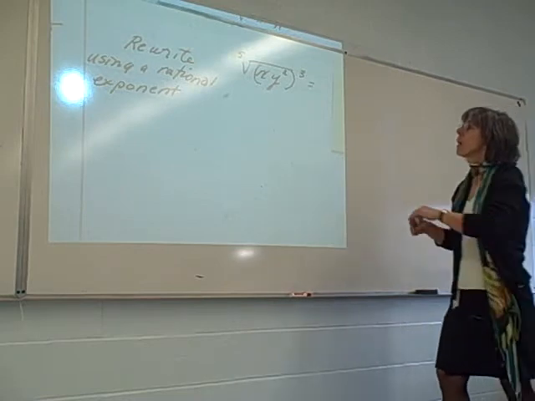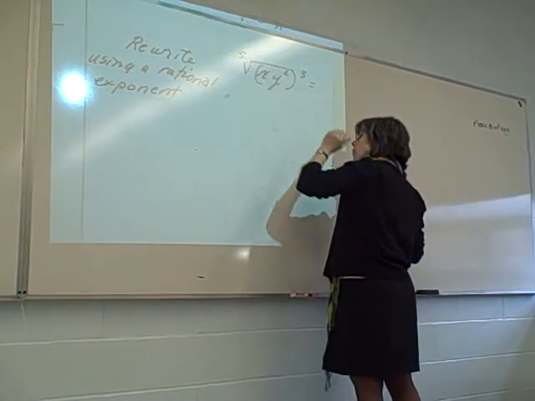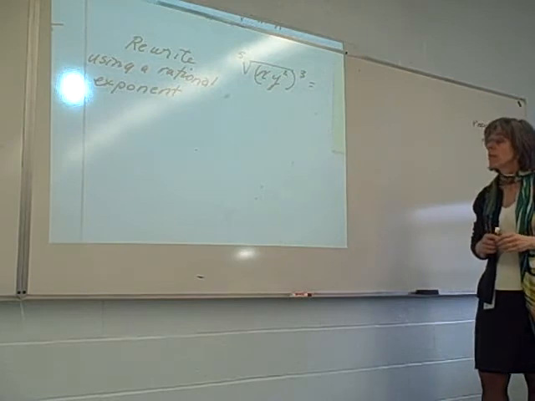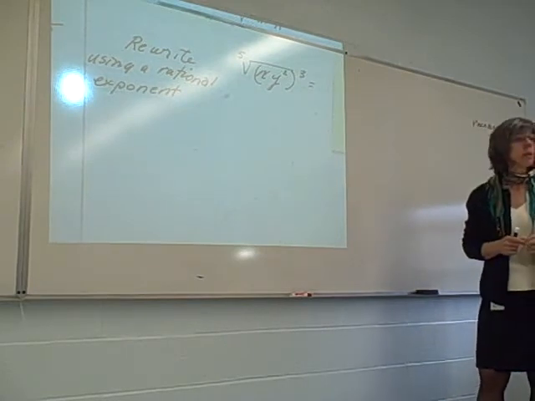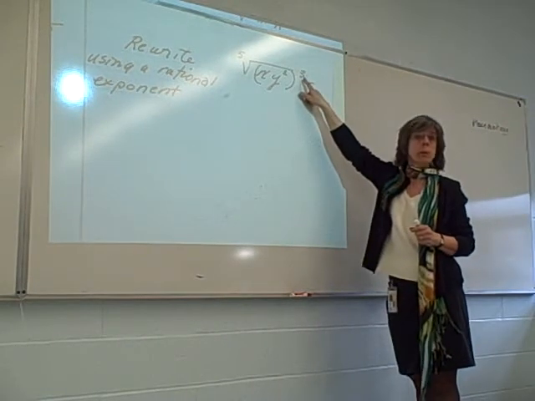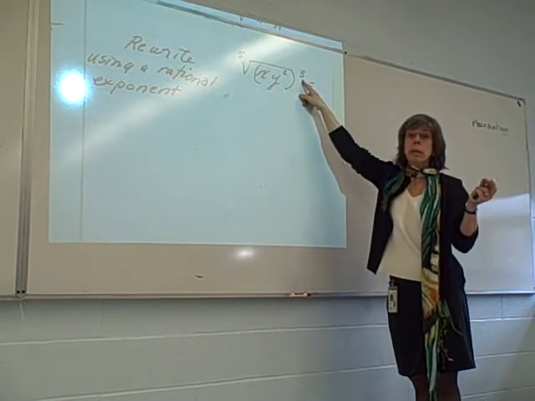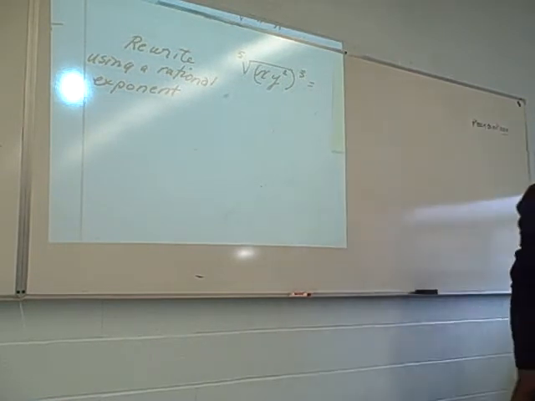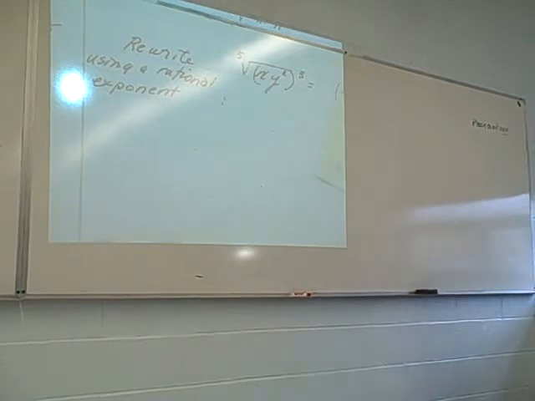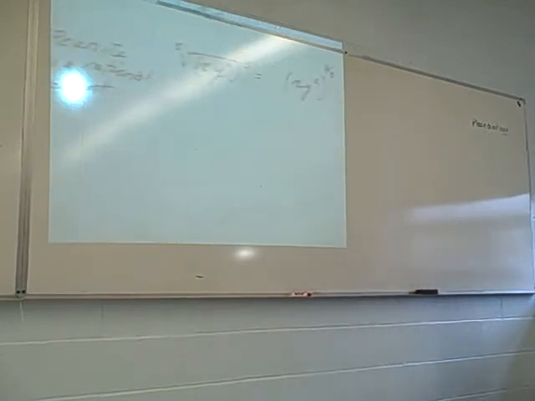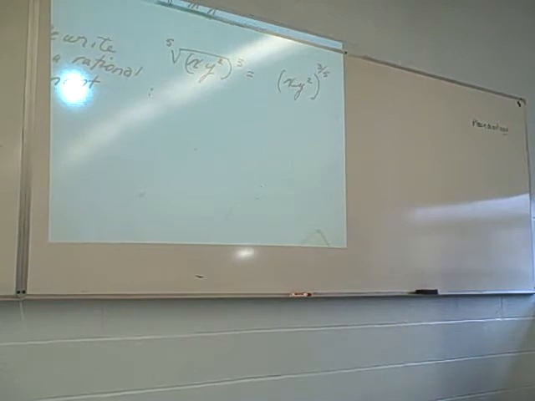Is the index in the numerator or the denominator? It's going to be in the denominator, and it's going to be raised to the 3rd power. So what's the rational exponent? 3/5, right? So I could just rewrite that as y squared.